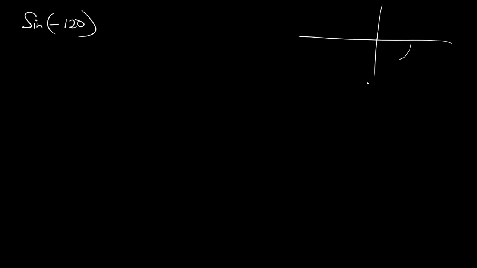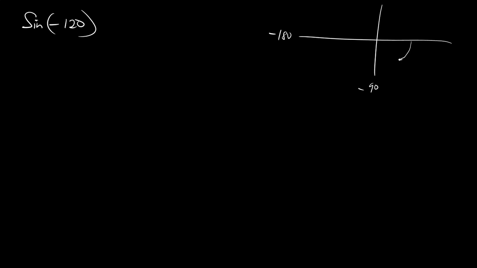Then the next one we have is sine minus 120. So sine minus 120, now this is the negative side. So if you move, 120 is more than minus 90 here, and less than minus 180 here.